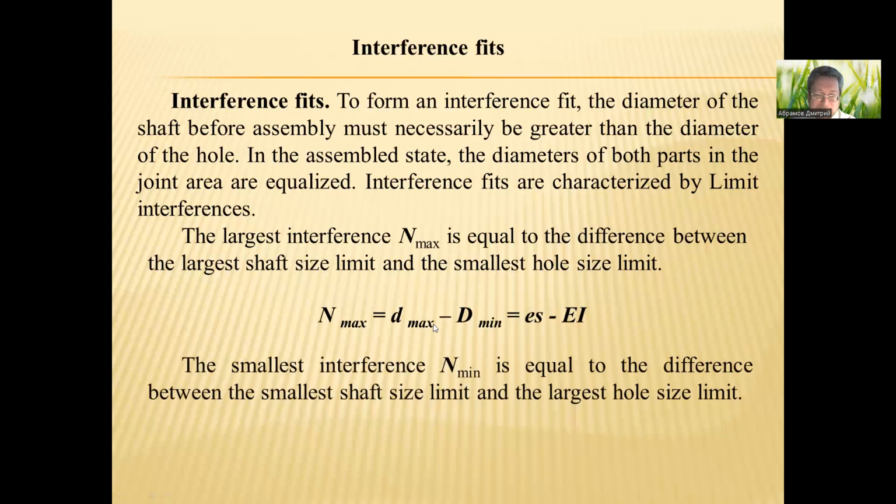The smallest interference, N minimum, is equal to the difference between the smallest shaft size limit and the largest hole size limit. N minimum is equal to the minimum diameter of the shaft minus the maximum diameter of the hole, and it's equal to the lower limit deviation of the shaft minus the upper limit deviation of the hole.